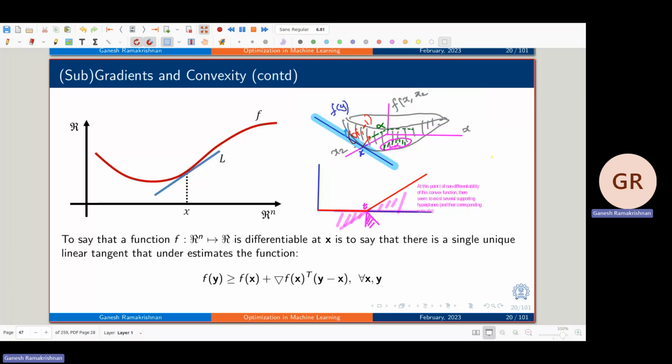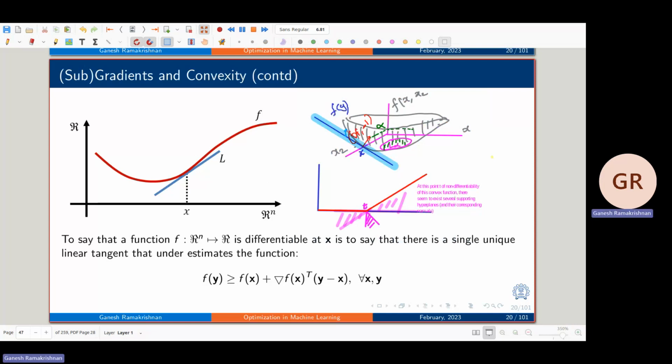Here. This way. And I draw perpendiculars to these. So let me show it here.